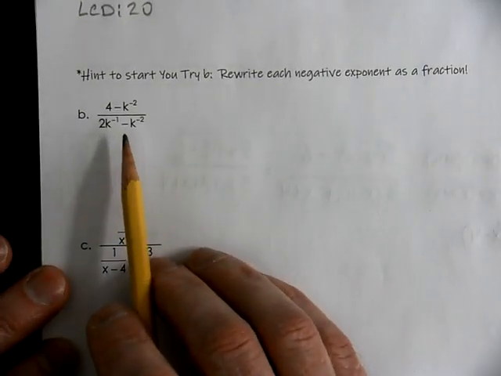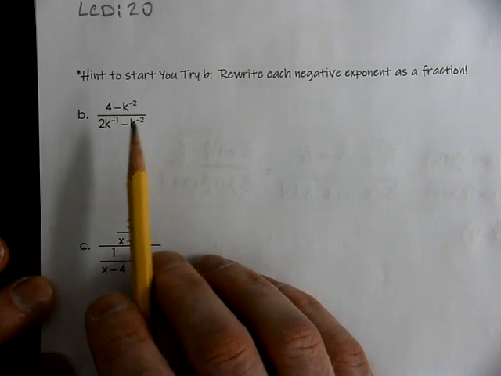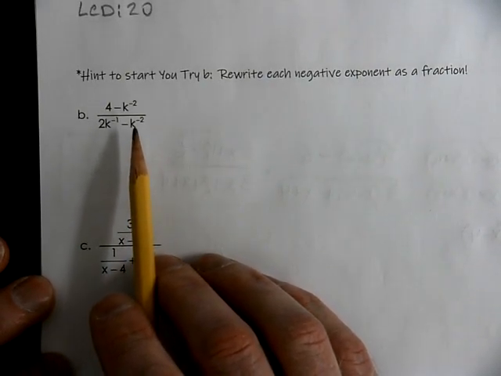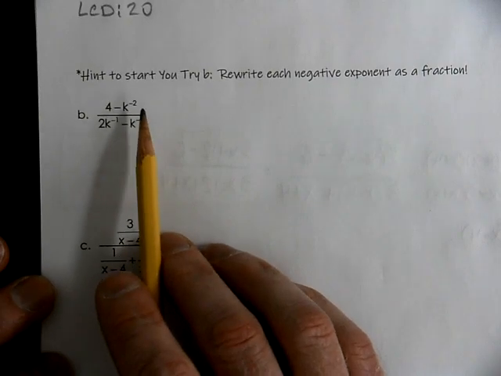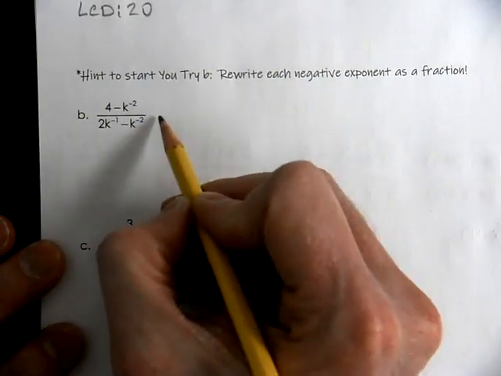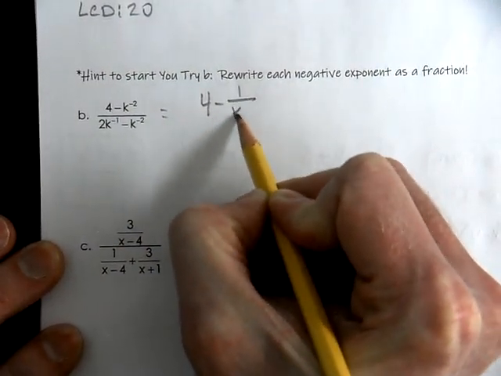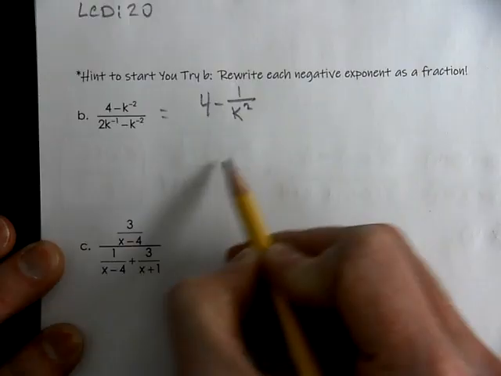Now, here, what's going to happen here? What does a negative exponent mean? That means that that value is going to go into its own denominator.